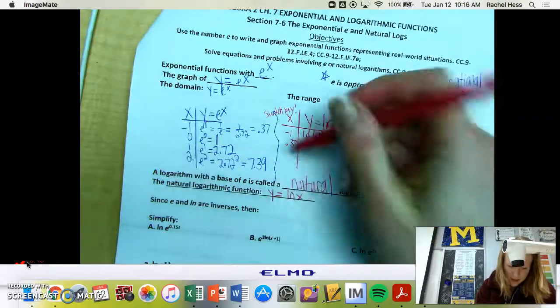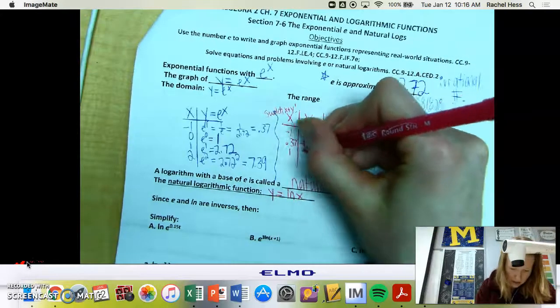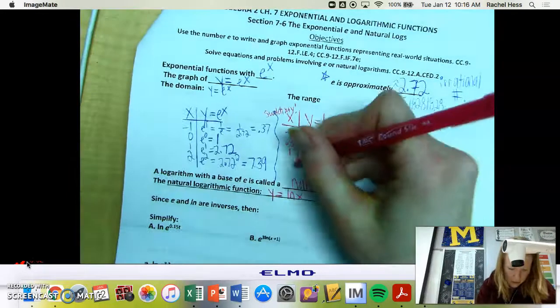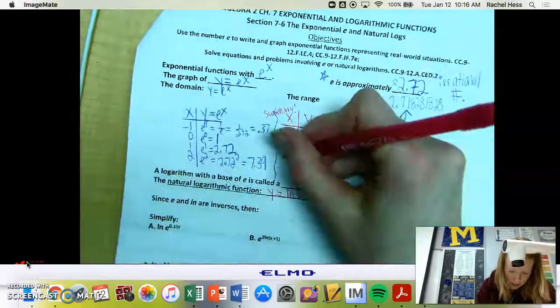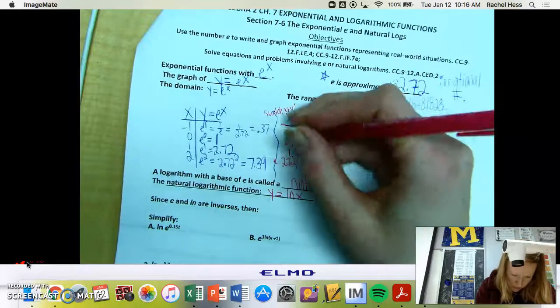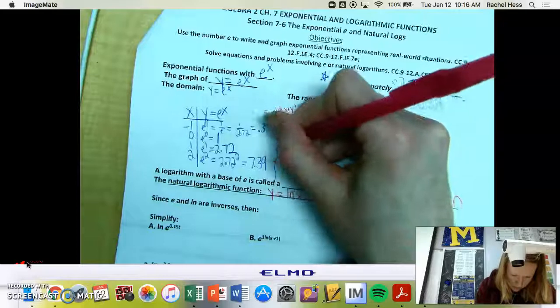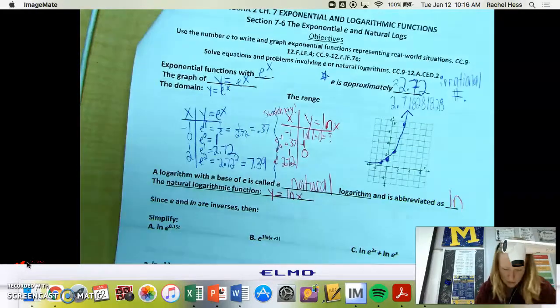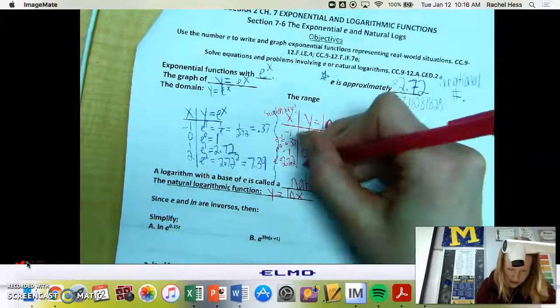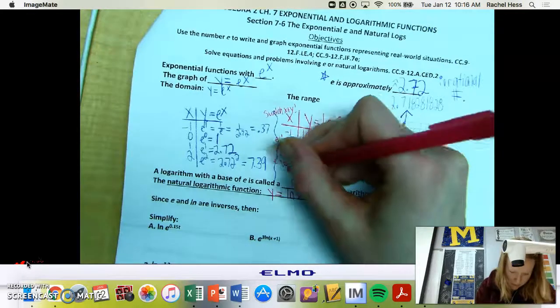We know these are inverses, so when my y value is 1, e to the 0th power gives me 1, right? And then we're sort of just flip-flopping these values. So e, which is 2.72, we're plugging in e into our equation, and then we're going to get out these values that we already talked about, right?